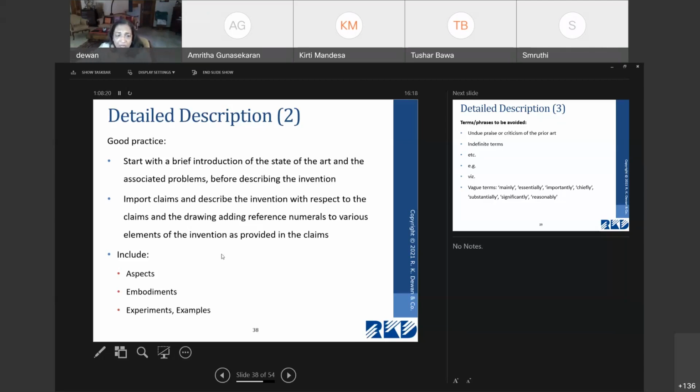Graphs can be used, but the important thing is the description of that graph and the interpretation. When you use tables, sometimes people just put a lot of tables, but what is the inference? Showing what the table is, and connecting that inference to substantiate your claim is the important aspect.